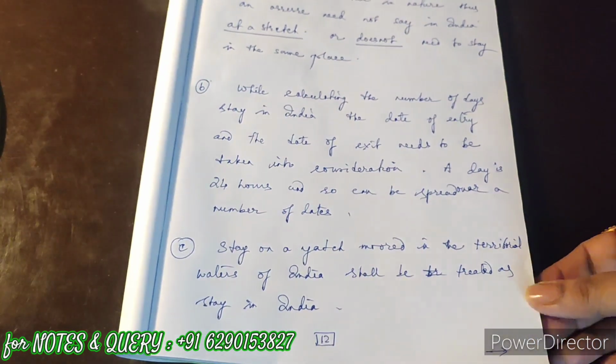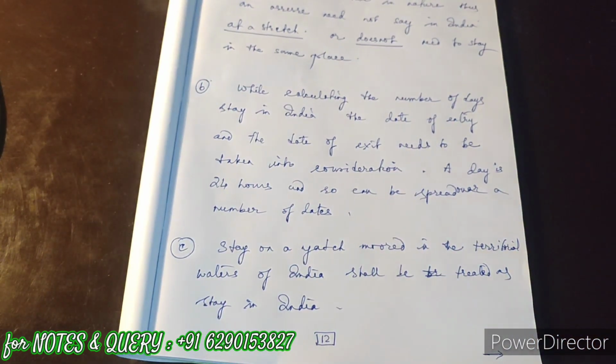Now while calculating the number of days of stay in India, the date of entry and the date of exit need to be taken into consideration. A day is 24 hours and so can be spread over a number of dates.